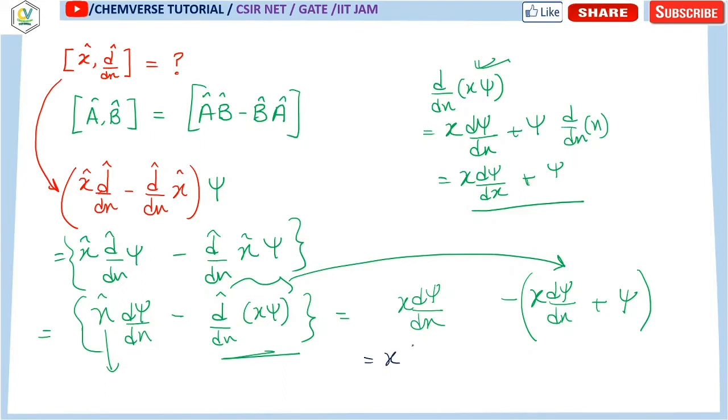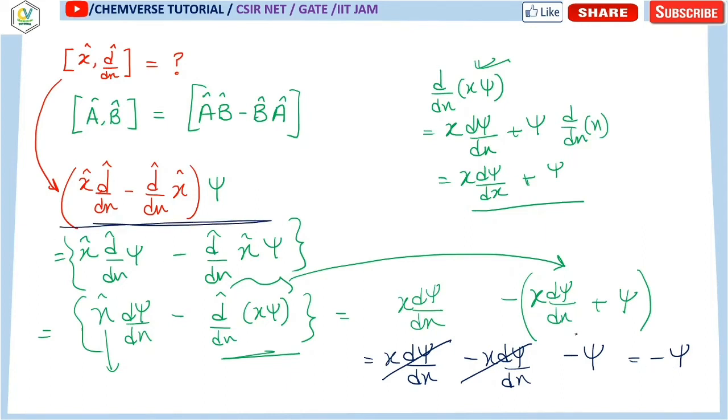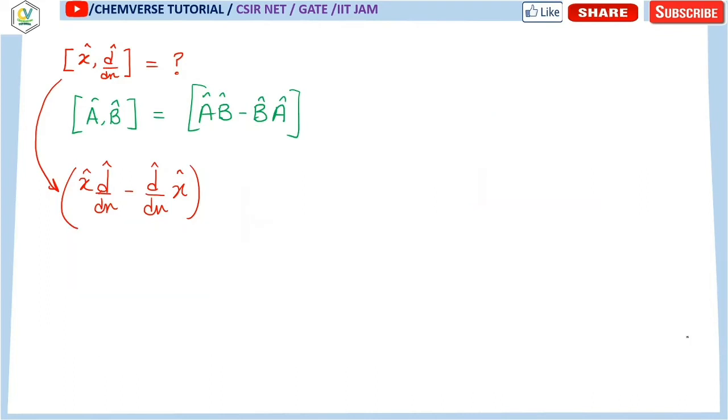This is basically x dψ/dx and it is minus x dψ/dx, minus ψ. Now x dψ/dx minus x dψ/dx cancel out, so it is basically minus ψ. As a result, this operator, x d/dx minus d/dx x, when operated over ψ, gives you the value of minus ψ.